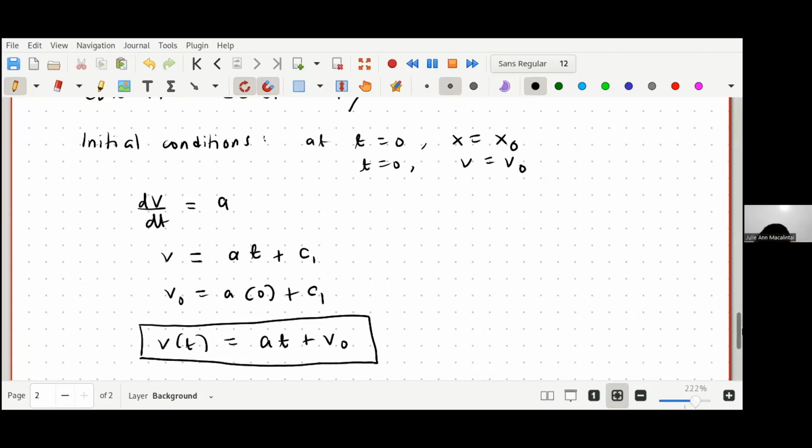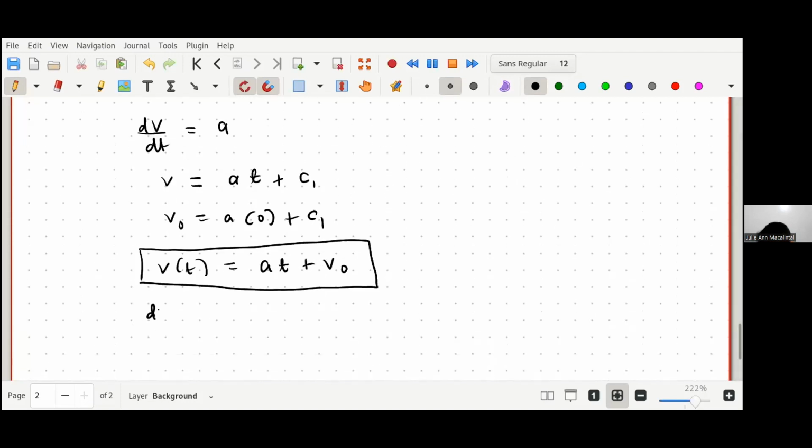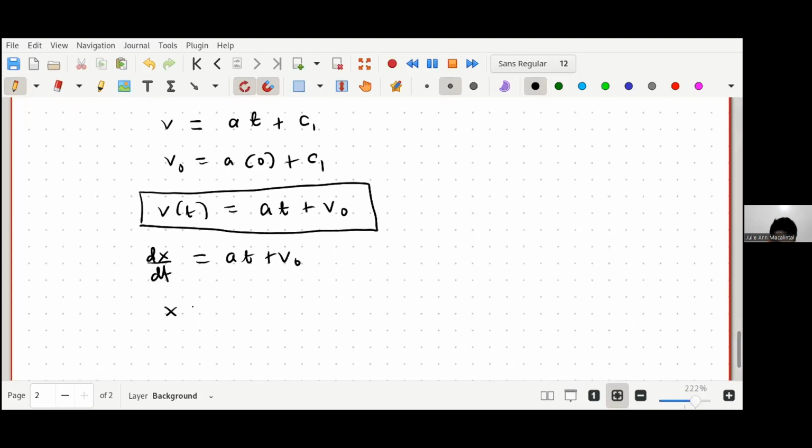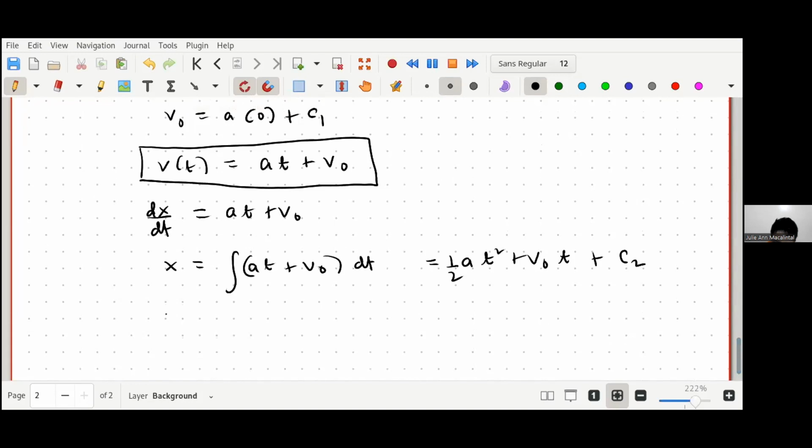Now, the second result is we have to integrate again to get X versus T. So using the derivative of X, the derivative of position with respect to time is velocity, we have this. So if I integrate both sides, we're going to get 1/2 AT square plus V naught times T plus another constant. And then imposing requirement at T equals 0, X must be equal to X sub 0.